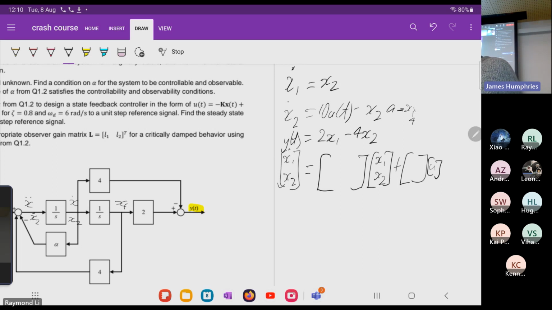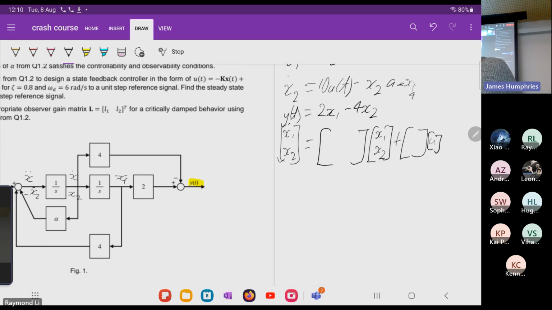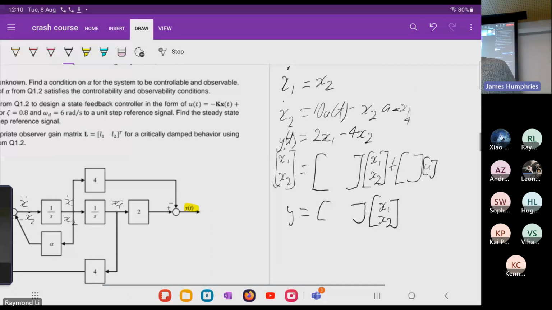There you go. And then we're going to have y is equal to X1, X2, because we have no D. That makes sense? And then we just fill it in, which is just going to be 0, 1. And now this is going to be X1, so it's going to be minus 4, minus a, 0, 10, and then 2, minus 4.